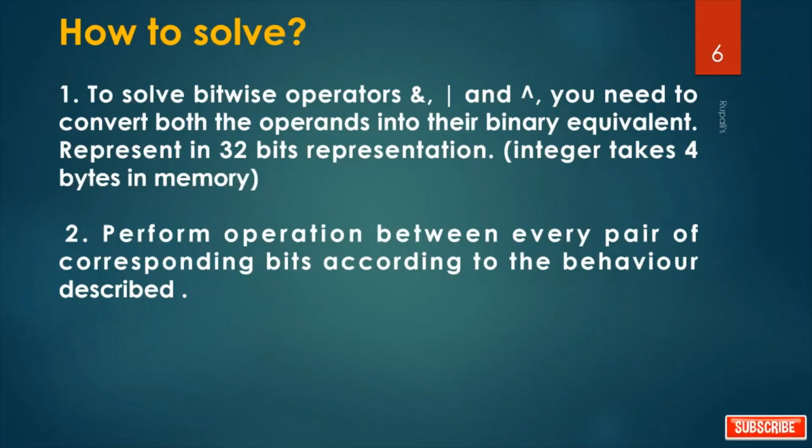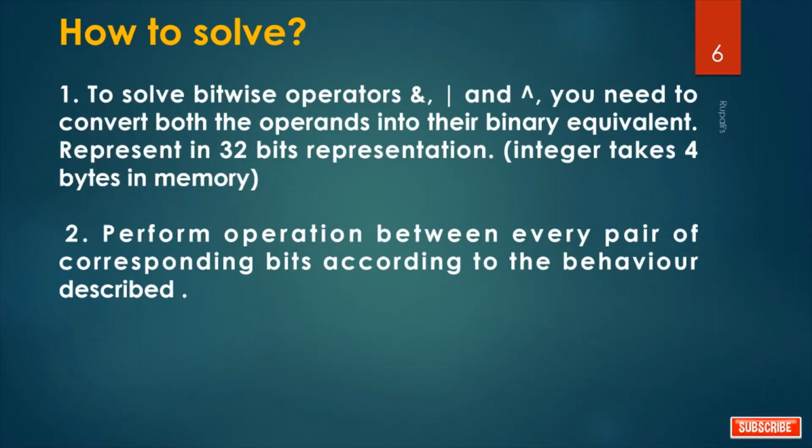How to solve? To solve bitwise operator expressions like AND, OR and XOR, you need to convert both the operands into their binary equivalent. Represent in 32-bit representation. Why 32 bits representation? Because integer takes how many bytes? 4 bytes. 4 bytes means how many bits in memory?